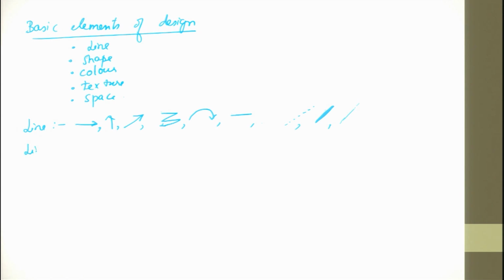So, line shows direction. What all can line show? Line can show direction, line can lead the eye, line can lead the outline of an object.